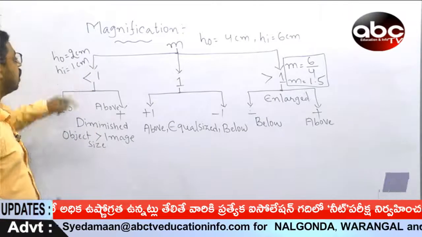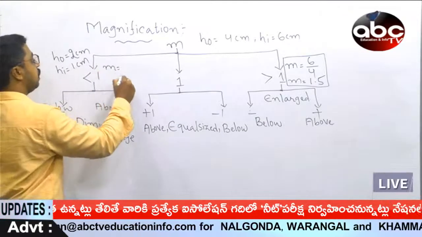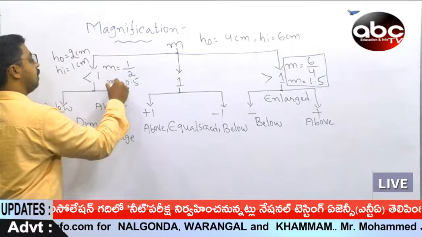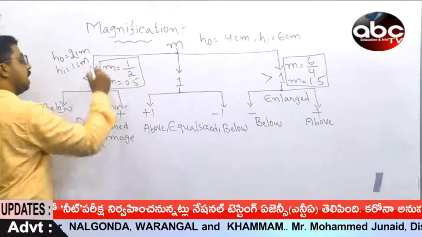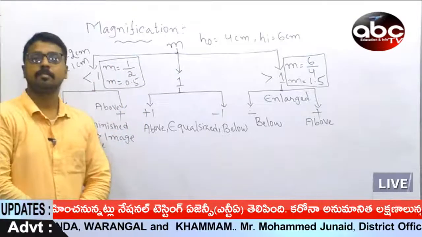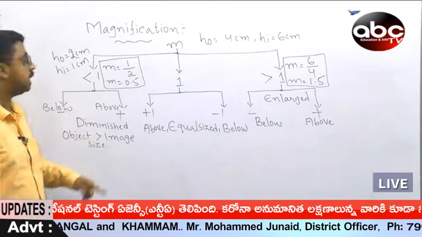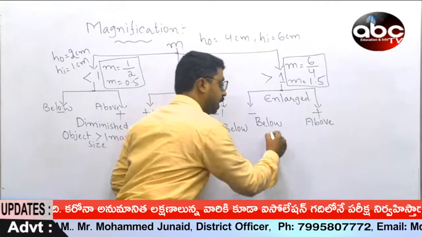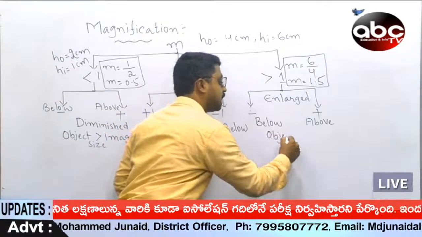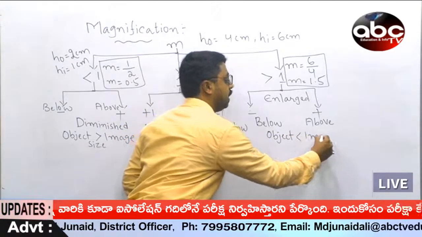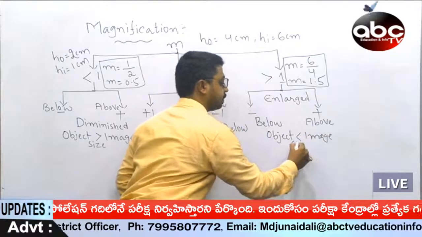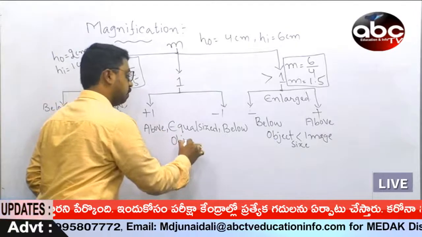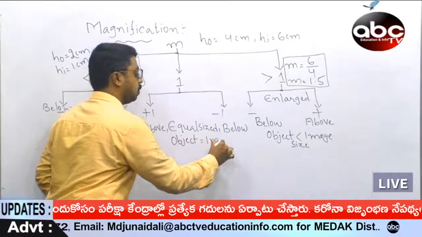M is equal to 1 by 2, that is 0.5, less than 1. This is a diminished image. Object size is greater than image size, whereas in the earlier case object size is less than image size, and in the equal case object size is equal to image size.